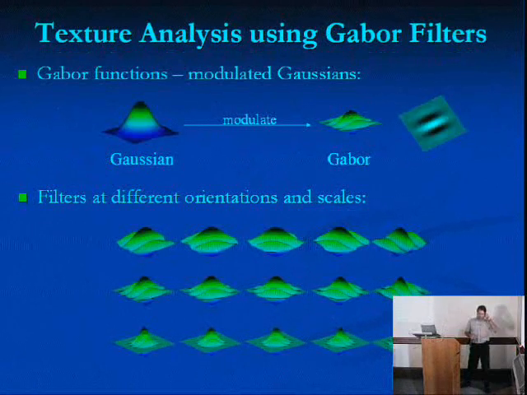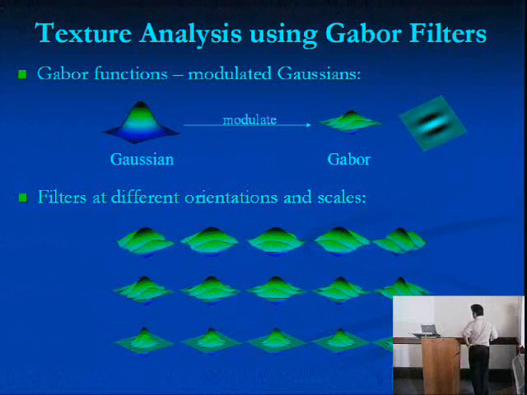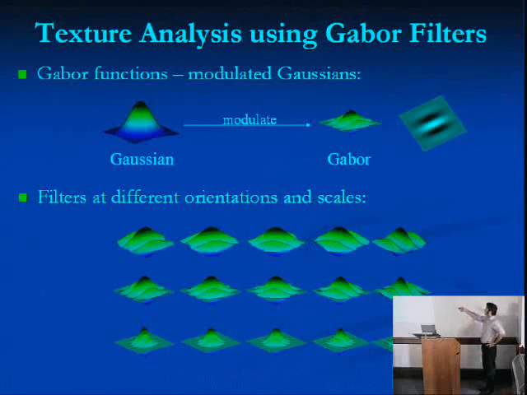So, a little technical part of my talk. What are these Gabor filters? They're basically just based on convolution with a kernel called a Gabor, based on a Gabor function.